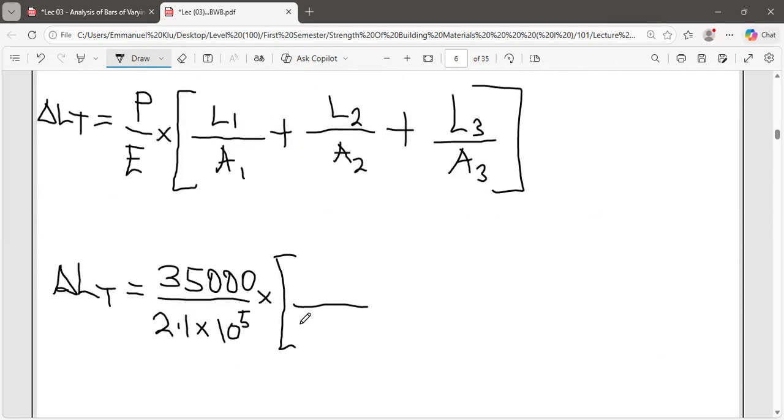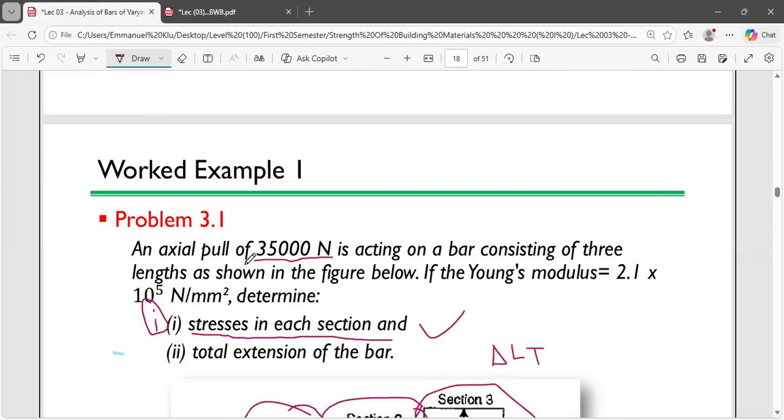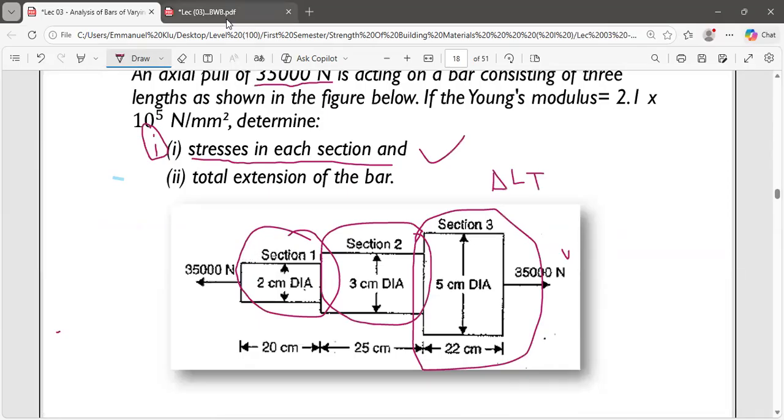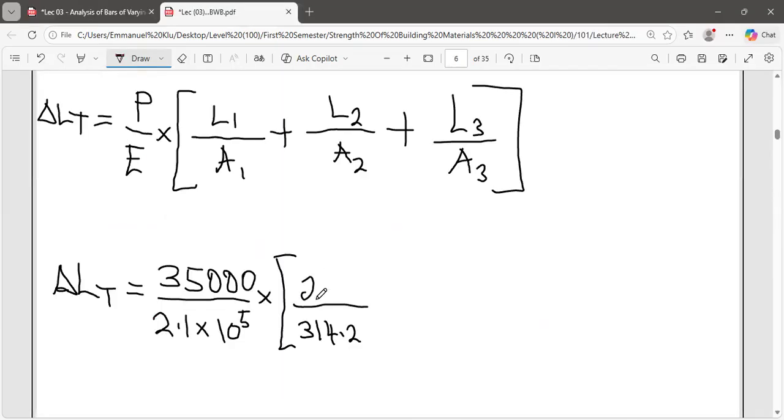So over here we had 314.2. And our length, what was the answer for our length? We had 200. So we write it over there.